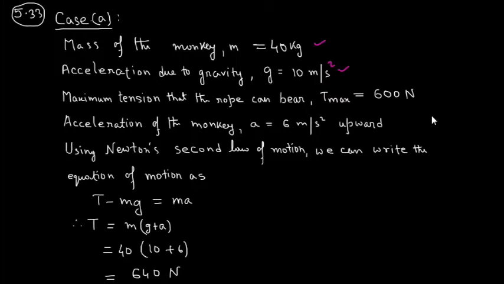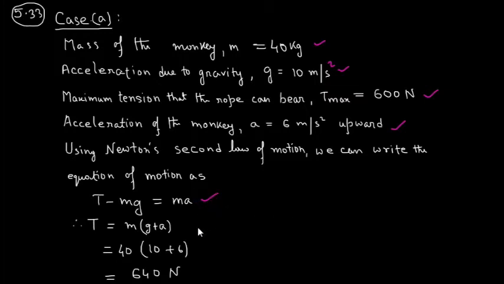Maximum tension that the rope can bear, that is T max, is equal to 600 Newton. In case A, the acceleration of the monkey is 6 meter per second square upward. Using Newton's second law of motion, we can write the equation of motion as T minus mg is equal to ma.